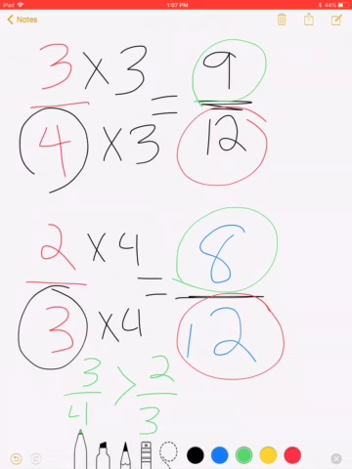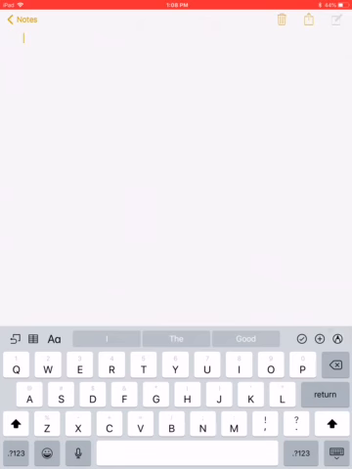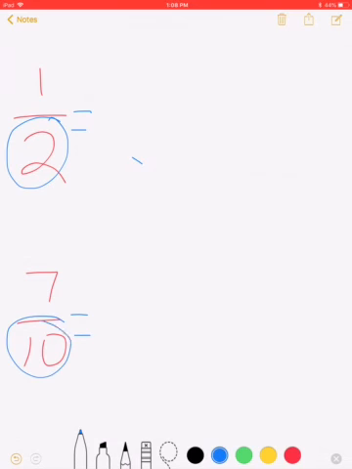Let's look at one more example like this. Let's say I have the fractions 1/2 and 7/10. Again, I want to make them so they have the same denominator. And when I look at the numbers 2 and 10, I can just multiply them by each other to get the denominator of 20.